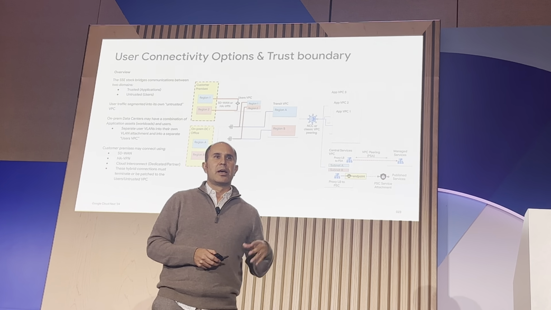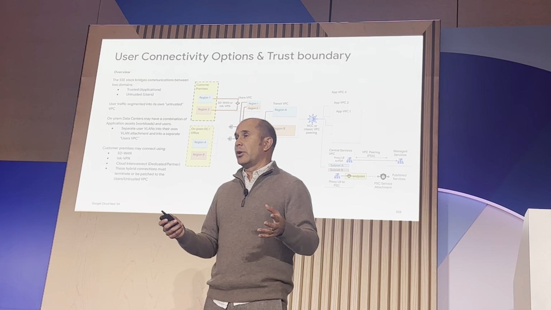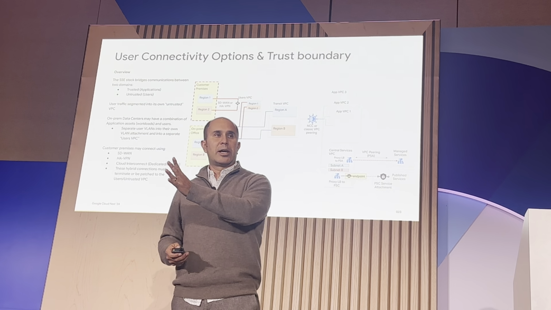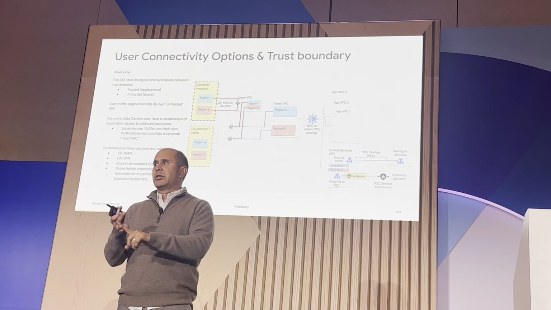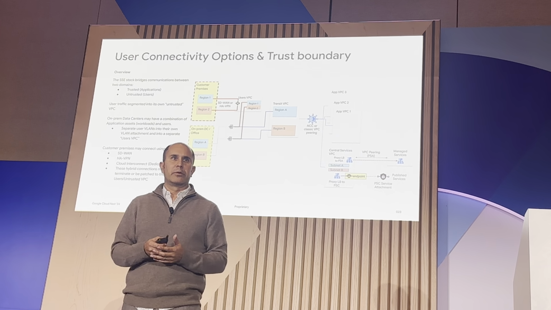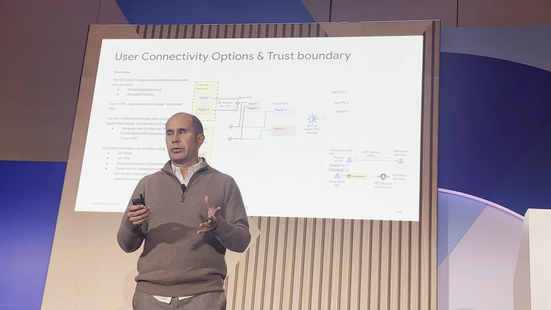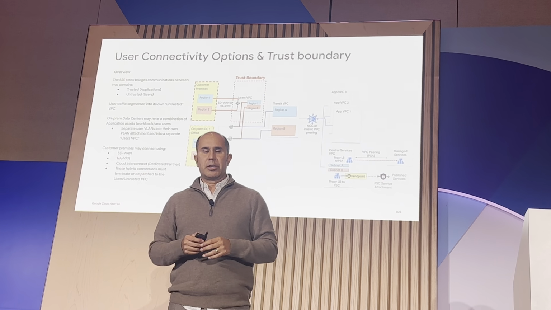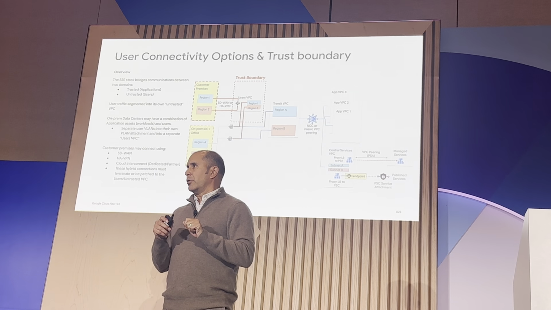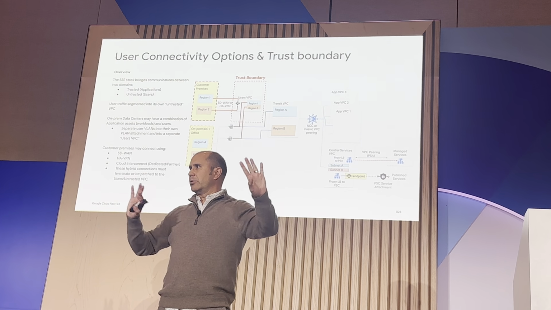If you have sites that are purely for users, then we can bring them onto the cloud directly, either with Cloud Interconnect or HA VPN or your favorite flavor of SD-WAN. We have a series of options on how to do this, but basically everything is in the sandbox, and we created a trust boundary. Right? So at this point, we've very well segmented users from applications.